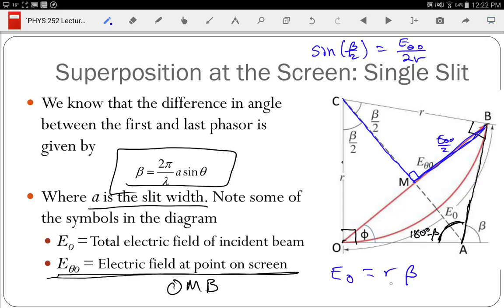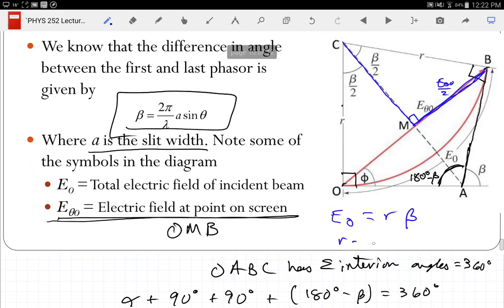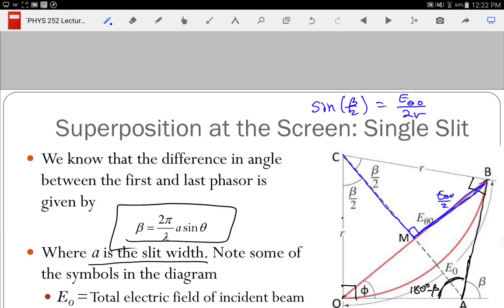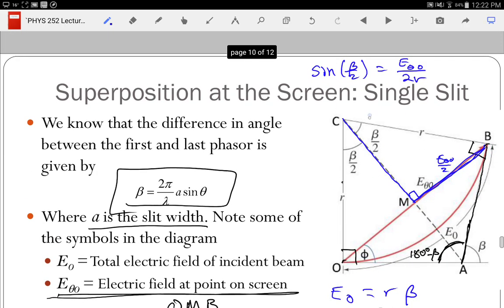Now I have two relationships. Let's just substitute that R is equal to E0 divided by beta and put that R into this. And so I'm going to have sine of beta over 2 is equal to E theta 0 divided by 2, and for R I'm putting E0 over beta.